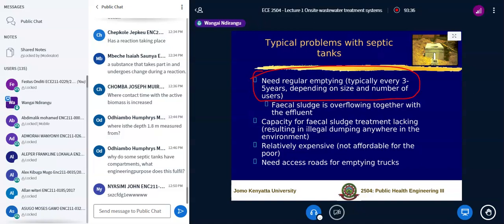Let me see if I can get this somewhere. The settling phenomena, okay? I just want to jog your memory on the types of settling. Let me see if I can get this image up on the screen.